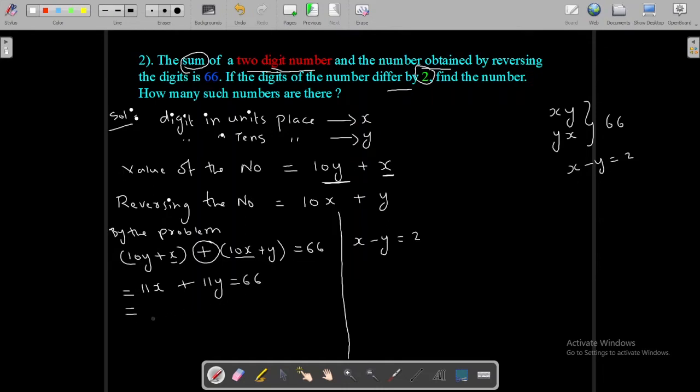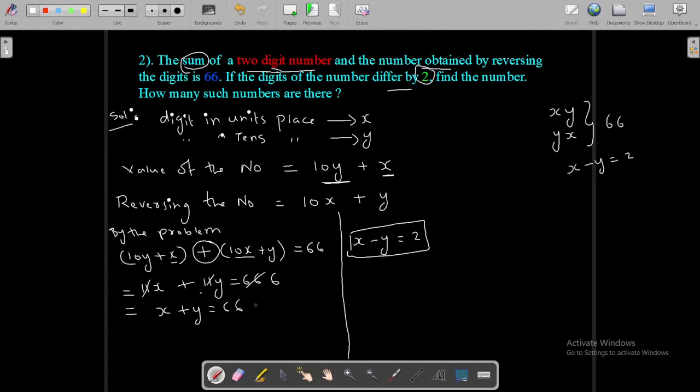If I further simplify, 11 ones are 11, 11 ones are 11, and 11 sixes are 66. So I will get x plus y is equal to 6. And the next equation will be x minus y is equal to 2.